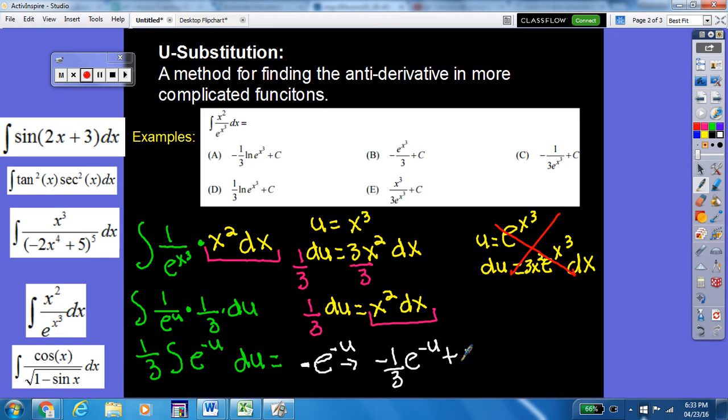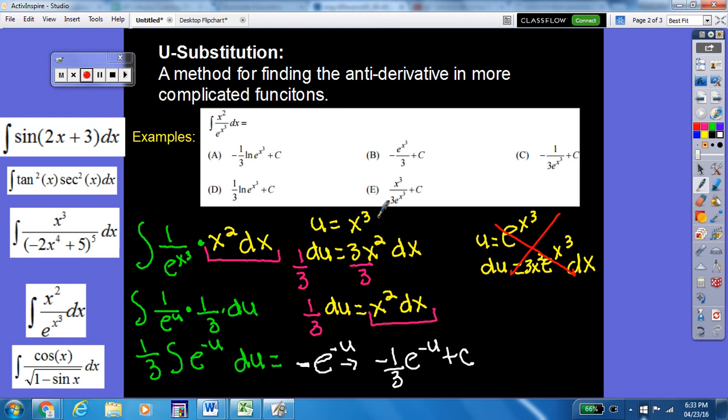And before I replace my u, I just want to go back and say the antiderivative of e to whatever is e to whatever. But if that whatever has a number in front, which it does, negative 1, I've got to make sure that I put something in front of e so that when I do take that derivative again, it disappears. And in this case, I need to make that negative disappear, and I can simply do that by multiplying by another negative.